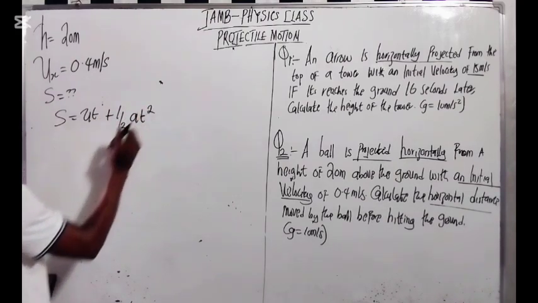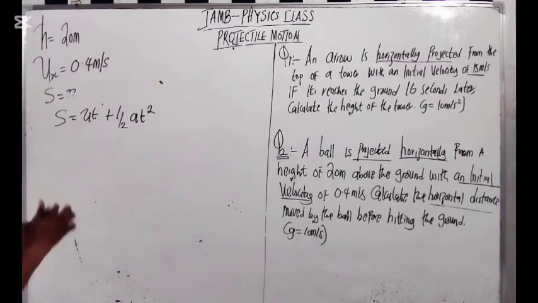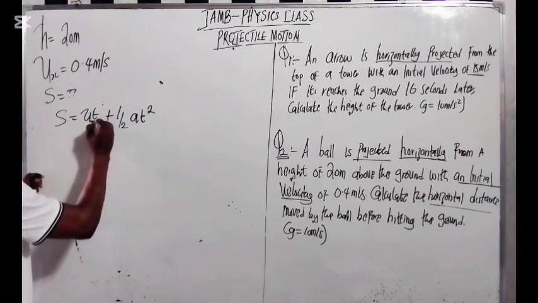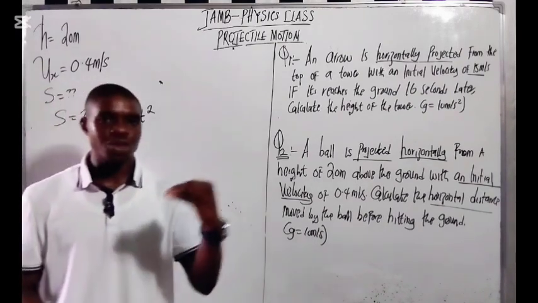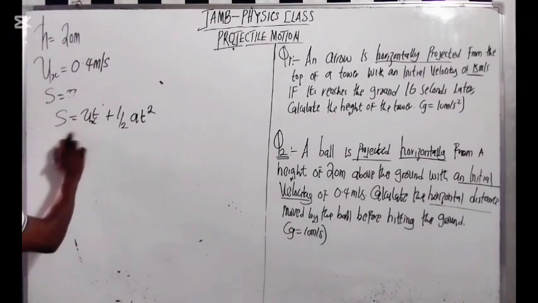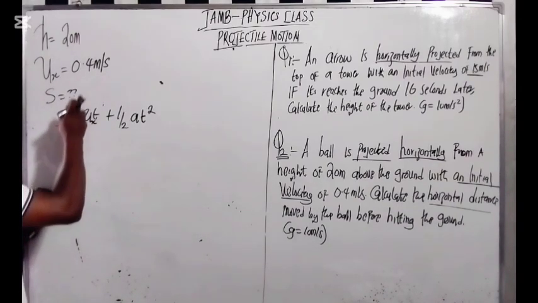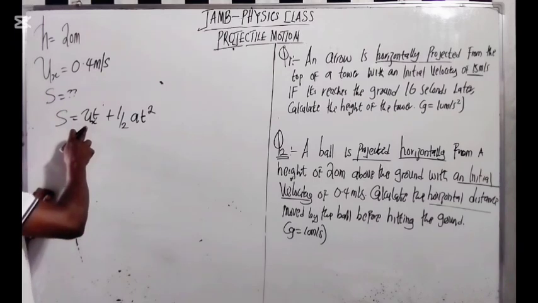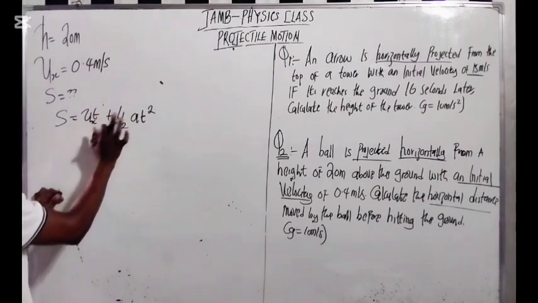So this u here is ux, because this here is called the initial horizontal velocity, or horizontal initial velocity, right? So if it's horizontal, the initial velocity is ux, but if it's vertical, the initial velocity is uy, right? So this is what I want to use here.